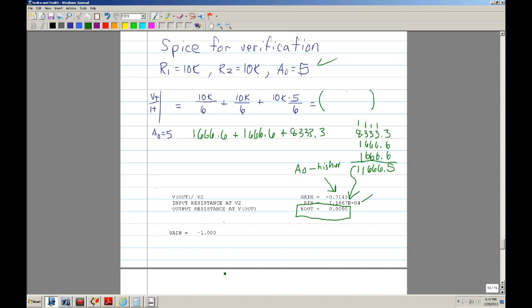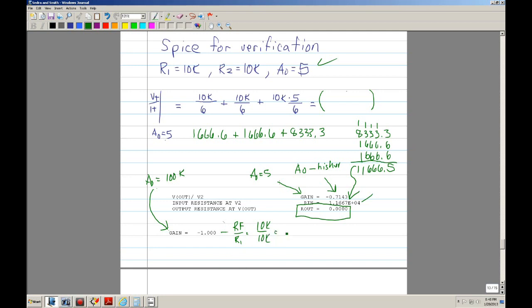So in this case, the gain was not as high as we expected initially because we had an A sub O of 5. But once we have an A sub O of 100K, then we got the gain that we were expecting. And this was because it's supposed to be RF over R1, which was 10K divided by 10K.